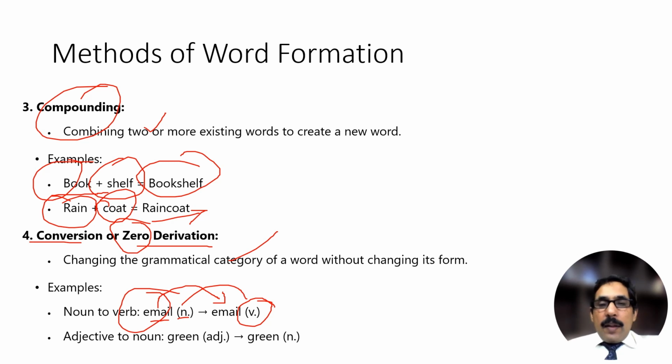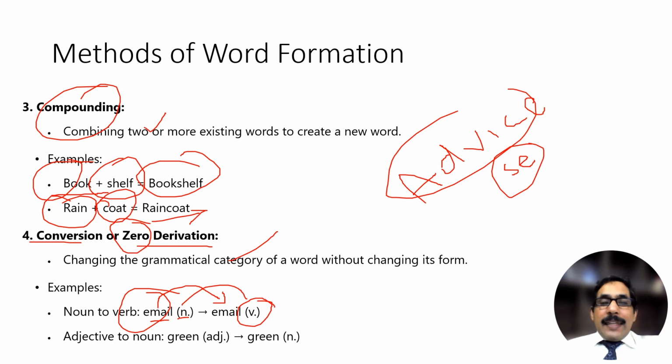Similarly, if we take another example, advice and advise. Advice is a noun. When we want to make it a verb, we make advise. So there is a change in the spellings, but in this method, nothing is changed. Zero derivation.